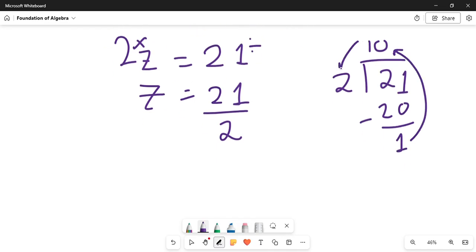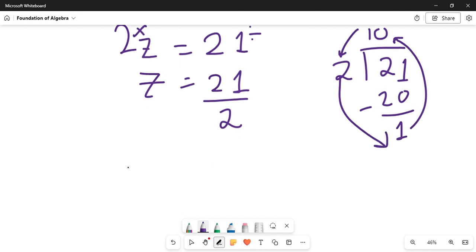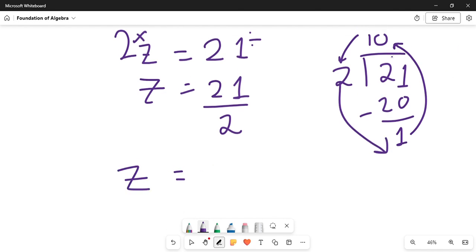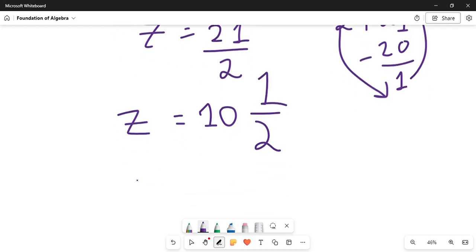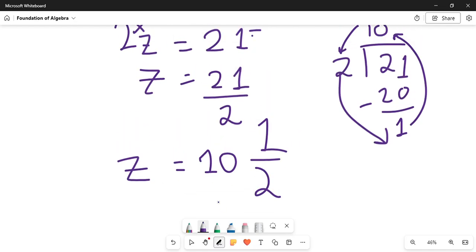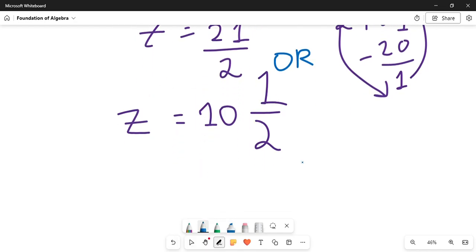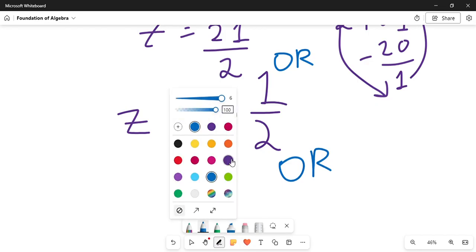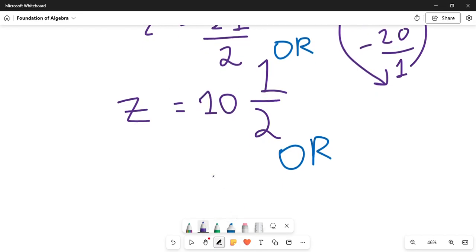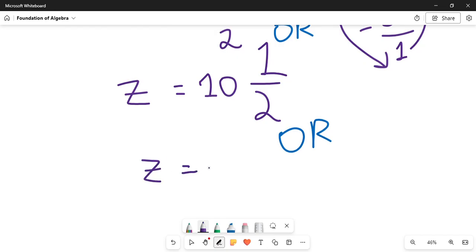So z equals 10 and 1 over 2. And we can also write the decimal form. So we can write it as 10.5.